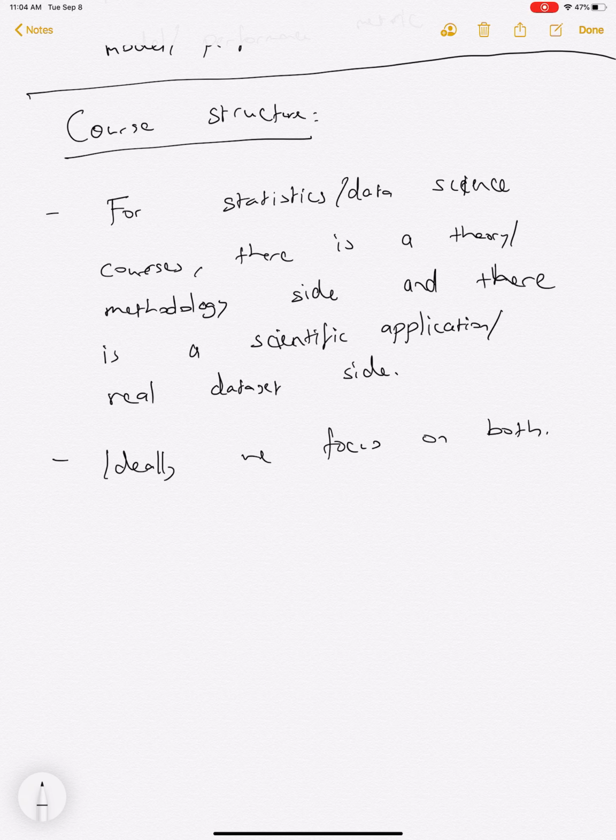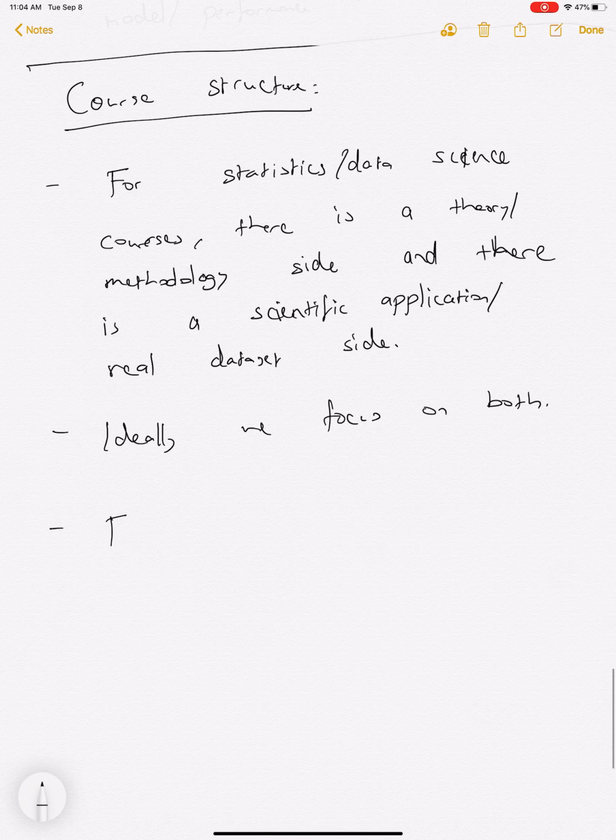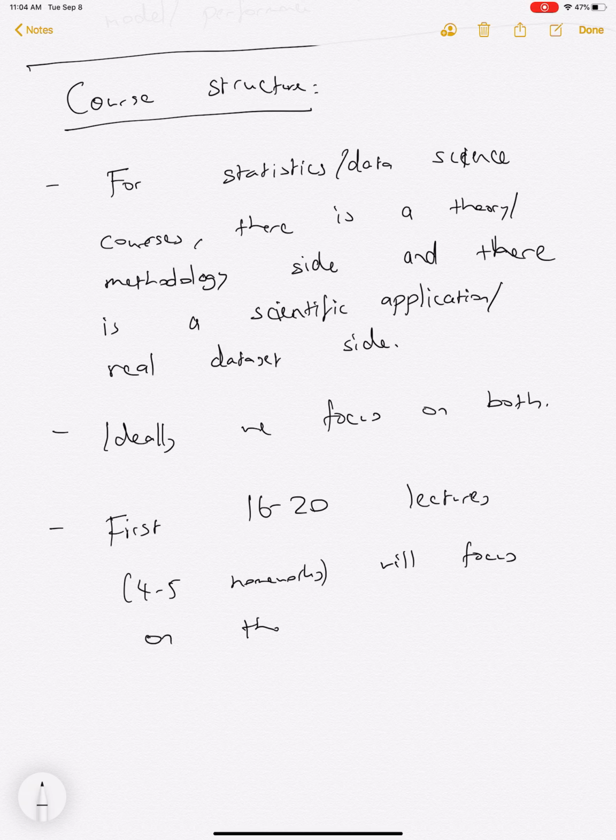And so what I'm going to do for this course is that the first 16 to 20 lectures, and this involves the 4 to 5 homeworks, we'll focus on theory or methodology.